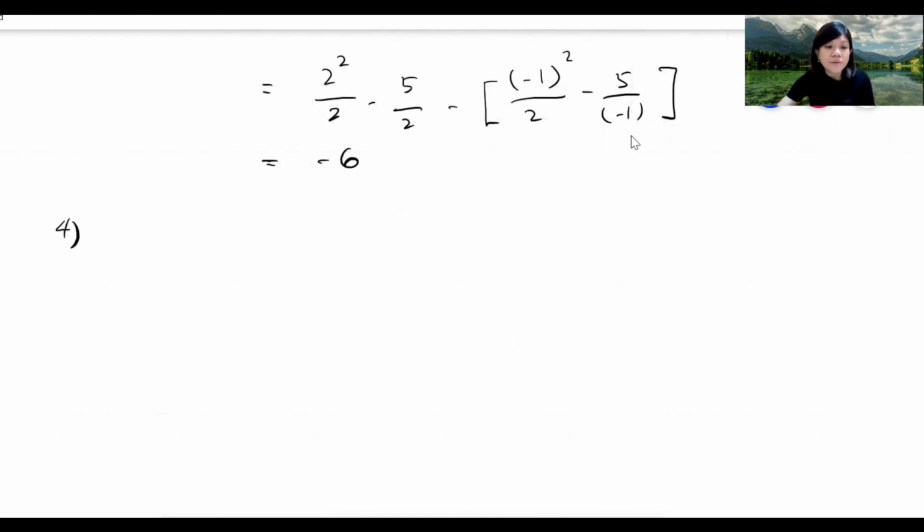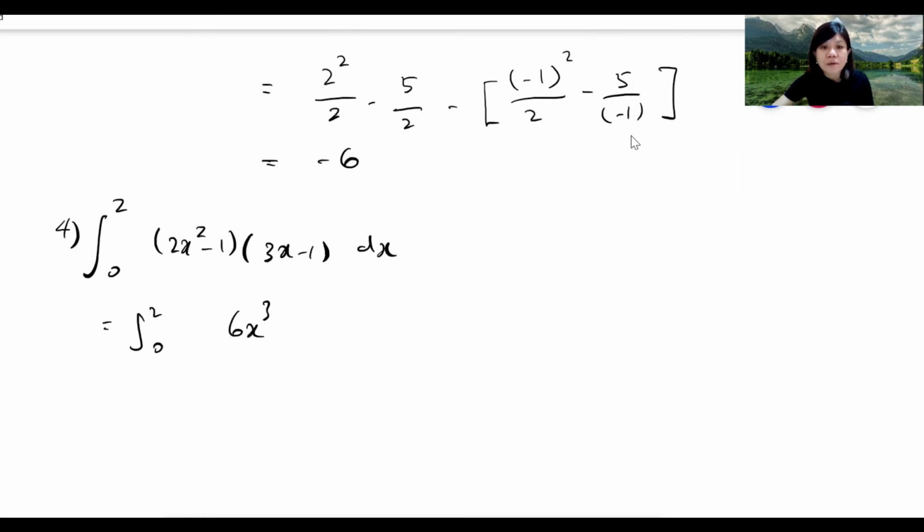So one more, and this time we have a function that seems like they need to be expanded first. So I'm going to expand them first before we even try to integrate them.